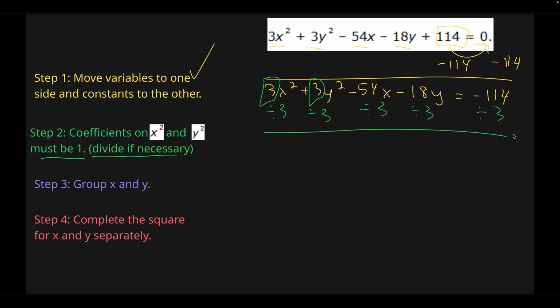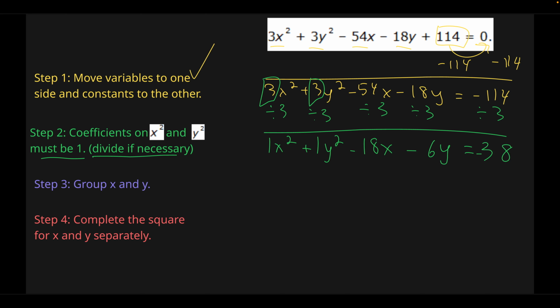When we do that, we are left with 1x squared plus 1y squared minus 18x minus 6y equals, I believe, negative 38.